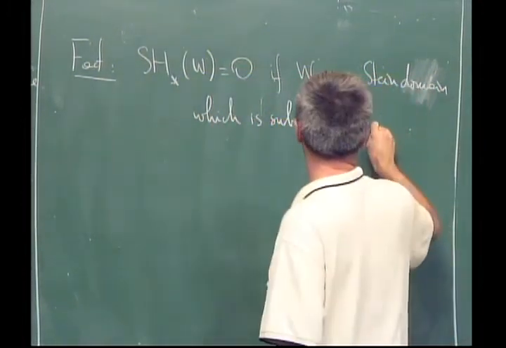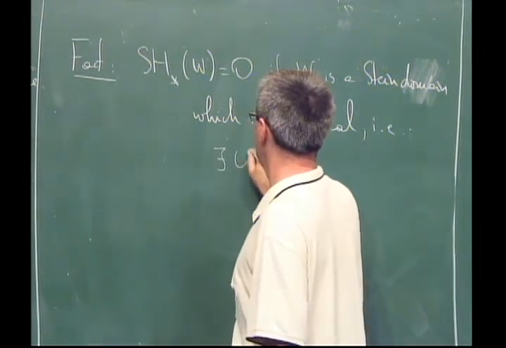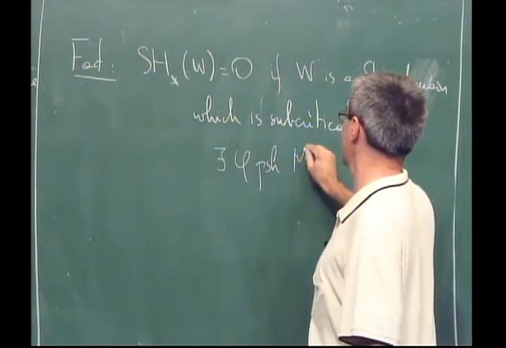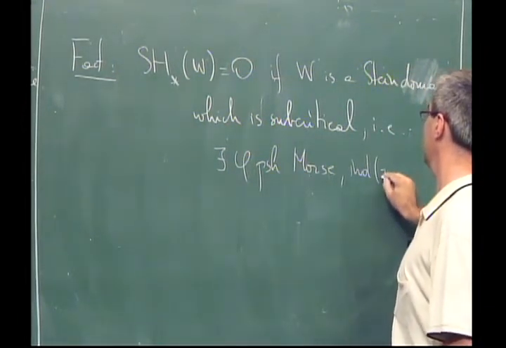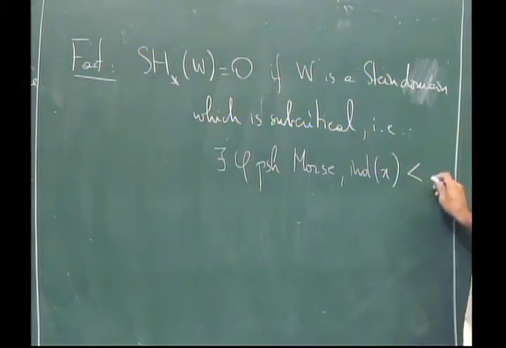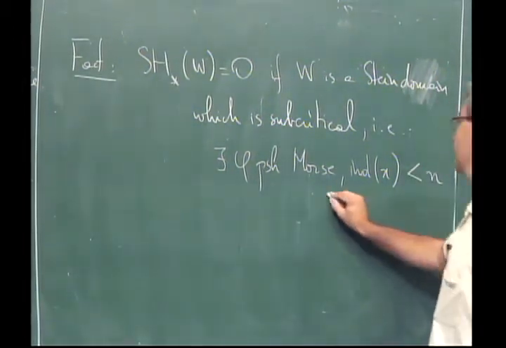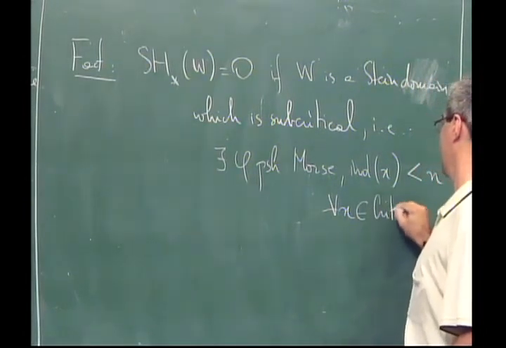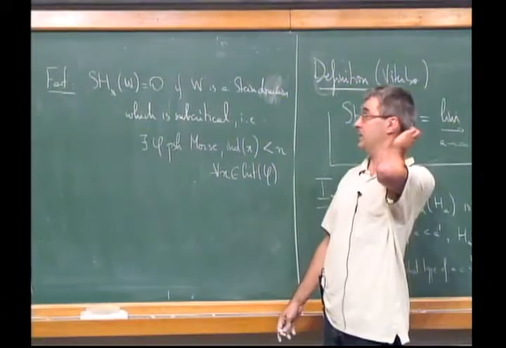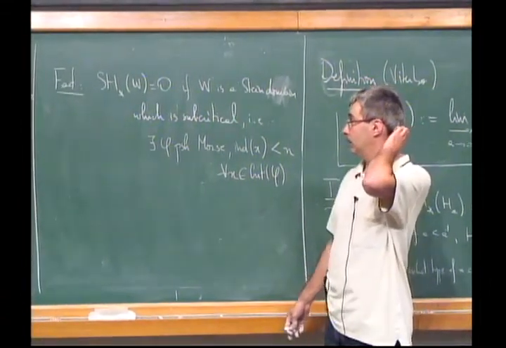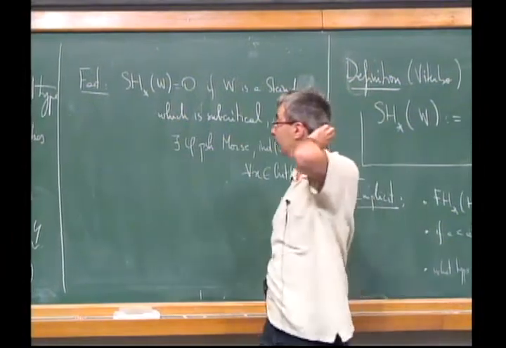Meaning, it has a plurisubharmonic function, which is Morse, and such that the index of any critical point is at most n minus 1. For a plurisubharmonic function, the index of all critical points is at most n. And if it's at most n minus 1, you say it's subcritical. And in that case, symplectic homology vanishes again. And this proves that the same conclusion is true in there.